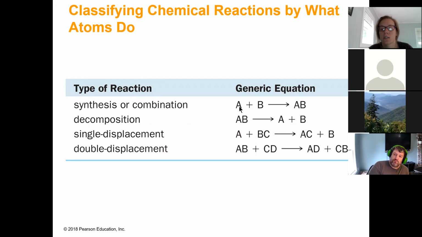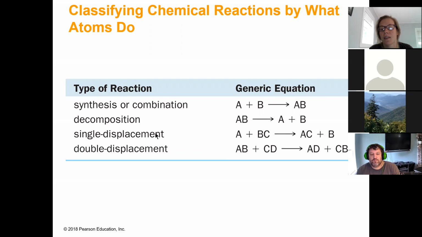So a synthesis or a combination reaction is a reaction where, we can go back to our dating idea, this is where 2 people get together, okay? So A and B are alone and they come together to form a molecule. Decomposition is a breakup. So we had an AB compound relationship and they broke up into their individual elements.